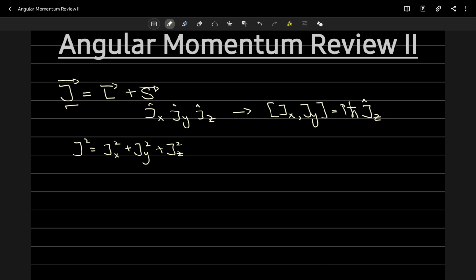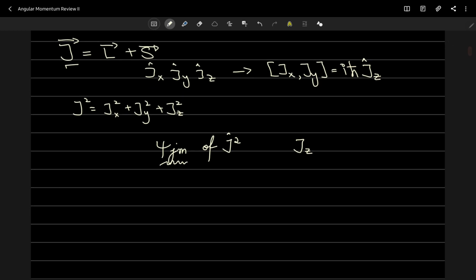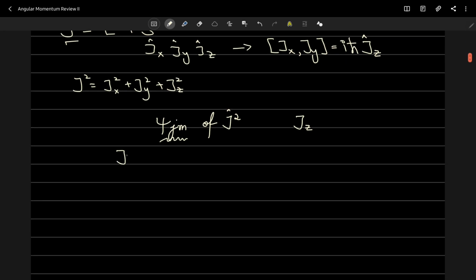The simultaneous eigenfunctions psi jm of the J squared operator and one component, for example Jz, can be found using the relation J squared acting on psi jm gives you h bar squared j times j plus 1, returning the same eigenfunction psi jm.